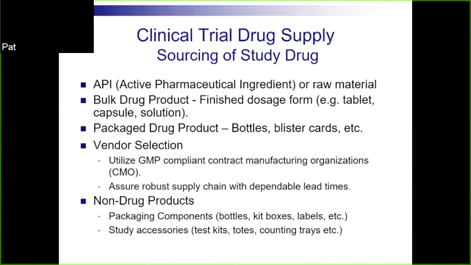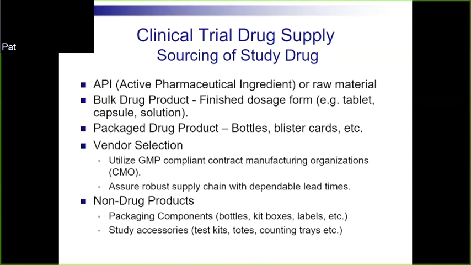So starting with the API, trying to find a source for that if necessary, and then finding a manufacturing organization that will convert it into tablets and capsules. Sometimes that manufacturer can also package the product for us, but oftentimes we end up finding yet another manufacturing or packaging operation that will get that into the bottles or blister packs for us.